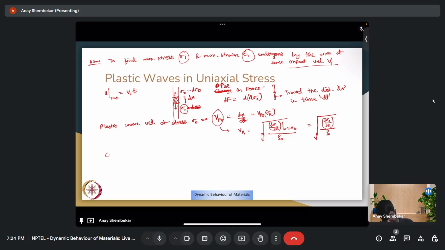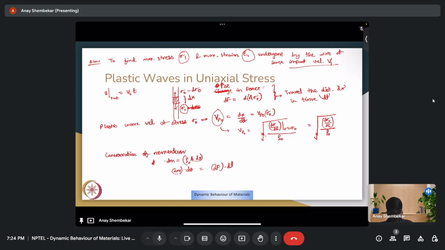Now if I use conservation of momentum for the small mass, dm equal to rho naught A dx, the change in velocity of the small mass is given by the change in force over time.